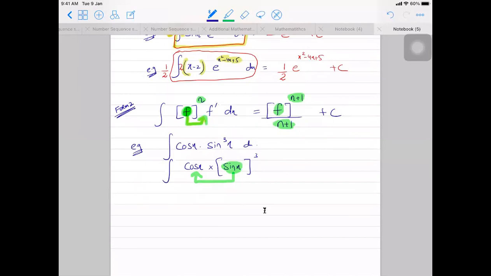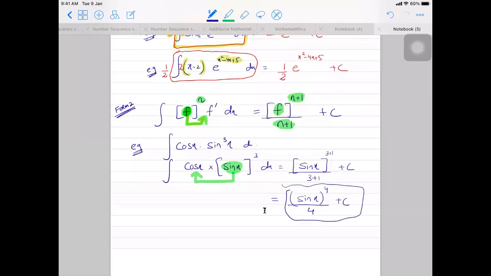So the integration of such a function is going to be the function itself, raise the power of the function by 1, so 3 plus 1, divided by the new power 3 plus 1. So that is going to be sine x to the power of 4 over 4 plus c. Is it making sense? Yes.